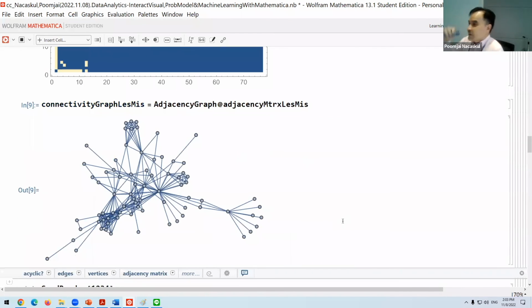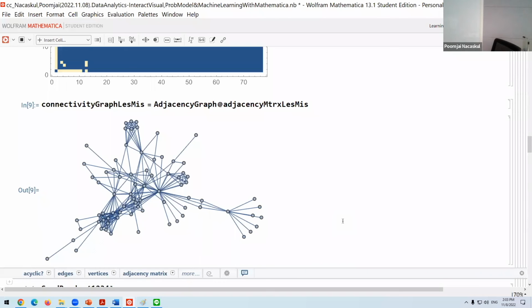Now, this graph is just a whole bunch of numbers. You can't see them yet, but I'm going to give you a little hint. You remember that character number 1 appears with 2, 3, 4, 5, 6, 7, 8, 9. I'll show you the labels and the numbers will come up.